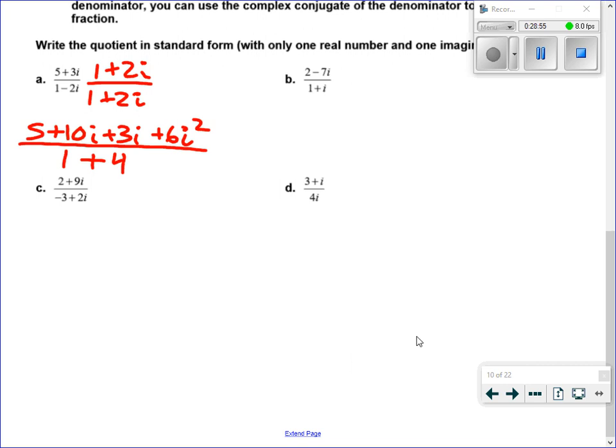So simplifying your numerator, i squared, what will that become? Negative 1, so this is really a minus 6. So in my numerator, doing my real terms first, 5 minus 6 would give us negative 1. 10i plus 3i would give us 13i, all over 5.